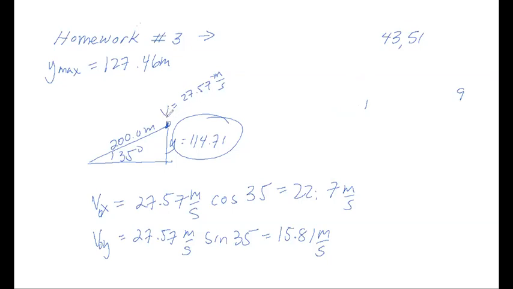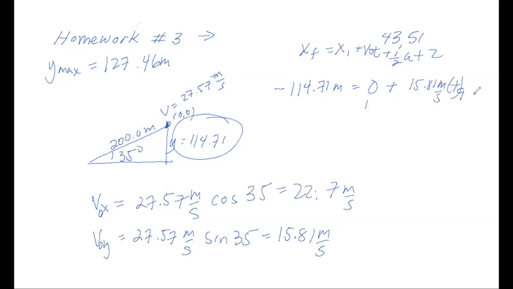I'm going to call that my 0th position, 0, 0. I'm going to get a negative 114.71 meters. This is going to be x final equals x initial plus v naught t plus 1/2 at squared, equals 0, because I'm calling that initial 0, plus v naught is 15.81 meters per second times t minus, this is getting too crowded.